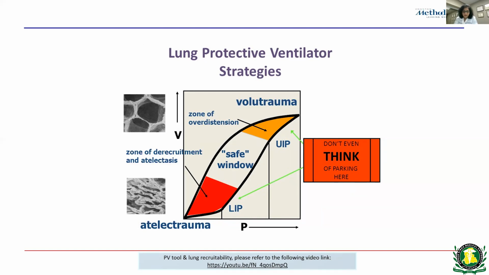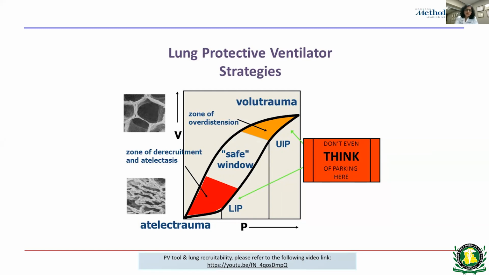Below the LIP, there is little volume change on the y-axis. However, after the LIP pressure is overcome, the volume rises. The upper inflection point, or UIP, reveals the moment when increased airway pressure no longer raises the volume on the y-axis. The UIP is felt to mark the moment when alveolar overdistension occurs.